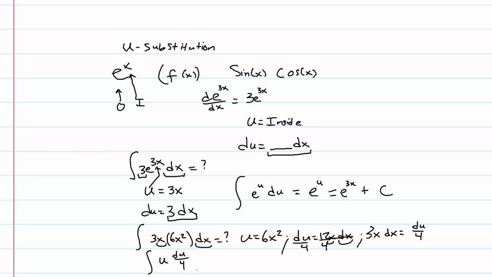Now we can integrate this. This is just an inverse power rule. This will be u squared over 2 times 1 over 4, which will give us u squared over 8. We plug in our x for u, and we'll end up with 6x squared all over 8.